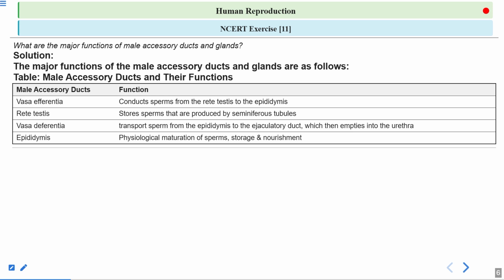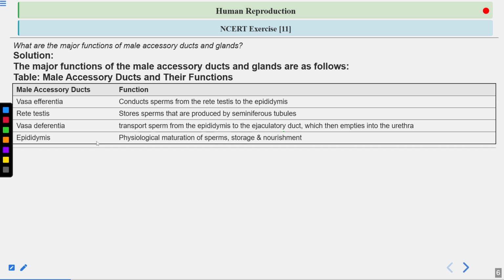The rete testis stores sperms that are produced by the seminiferous tubules. Then the vas deferens transports sperm from the epididymis to the ejaculatory duct, which empties the sperms into the urethra.